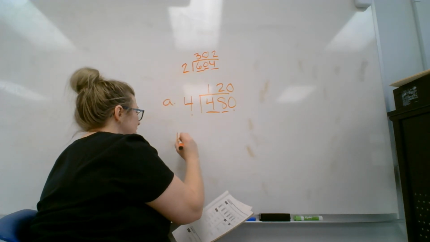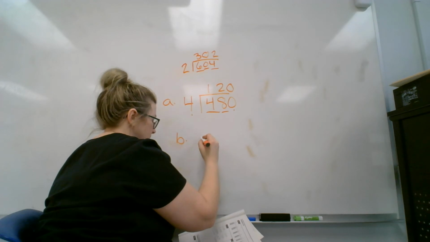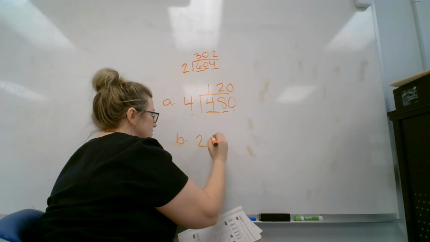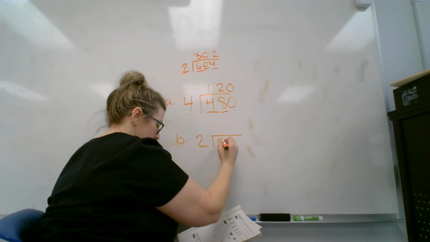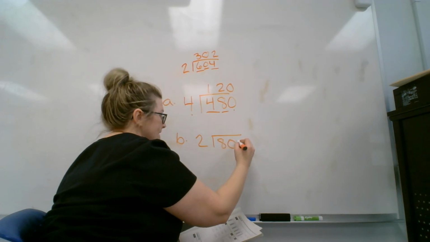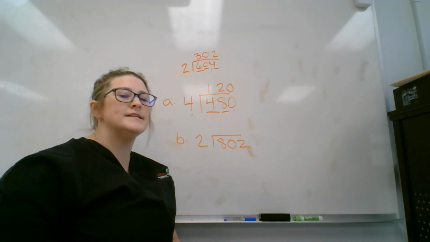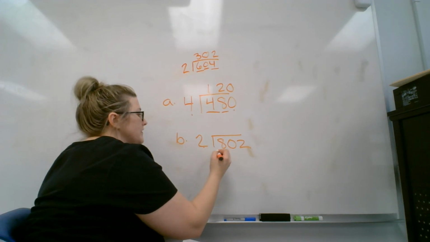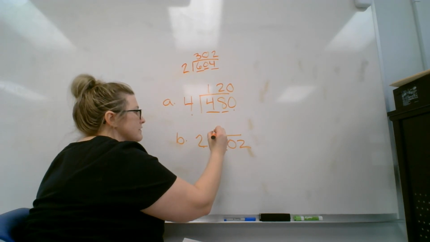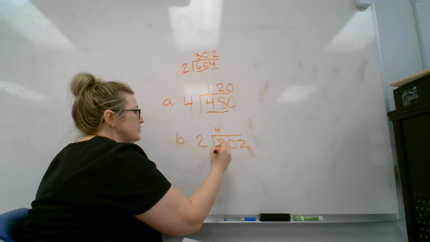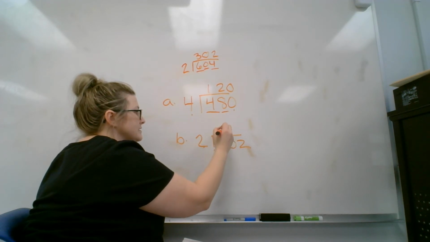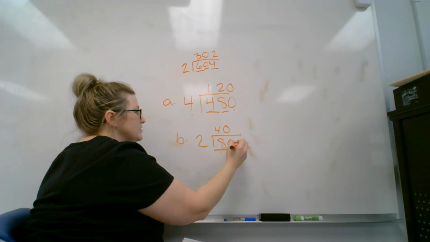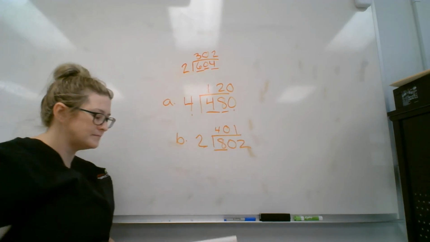Problem A, problem B. All right, let's try this one. 8 divided by 2 equals 4. 0 divided by 2 is 0. 2 divided by 2 is 1.